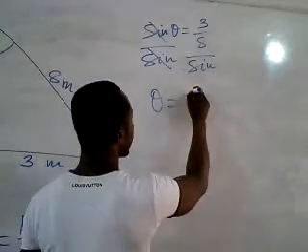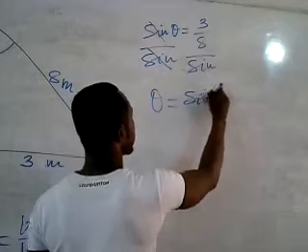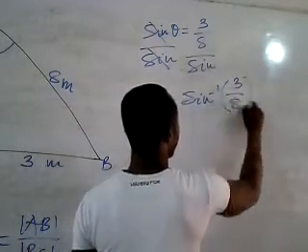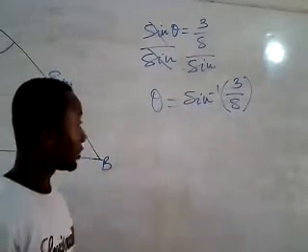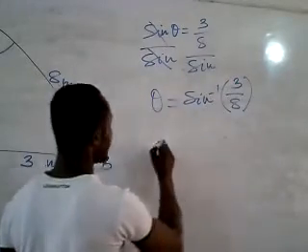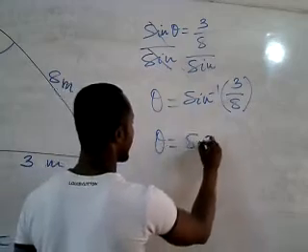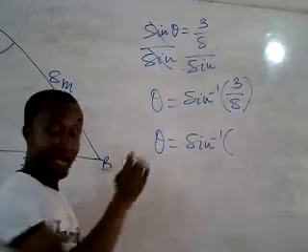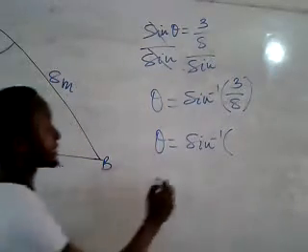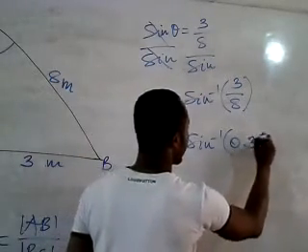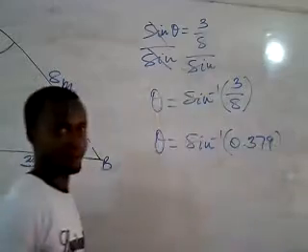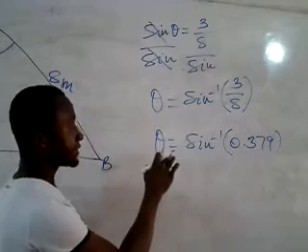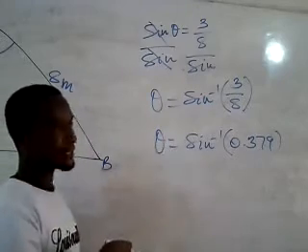That will be sine inverse into brackets 3 over 8. Now when you press the calculator for 3 over 8, so theta will be equal to sine inverse into brackets. From the calculator, it will give you 0.375. So take your calculator, press shift and press sine.